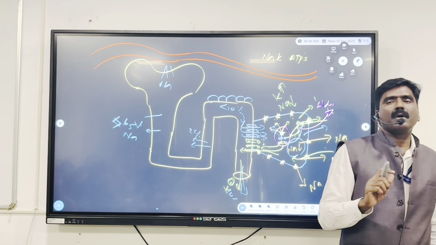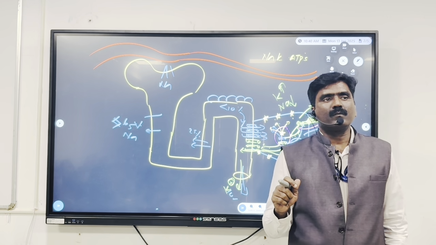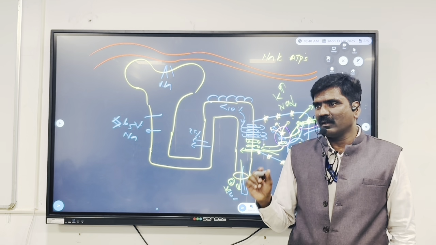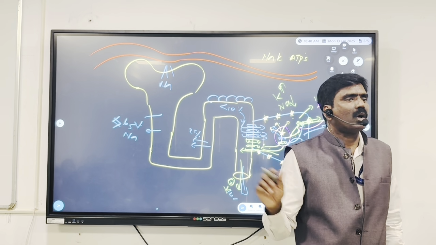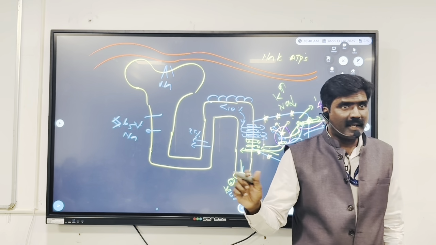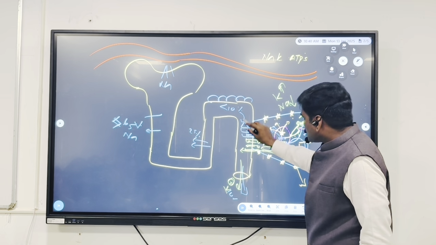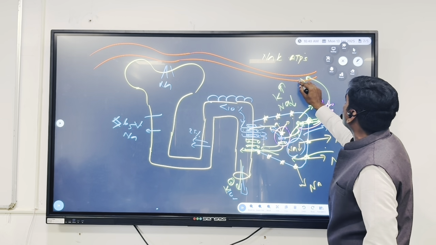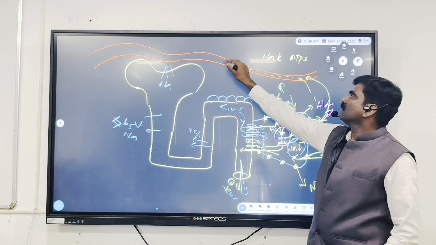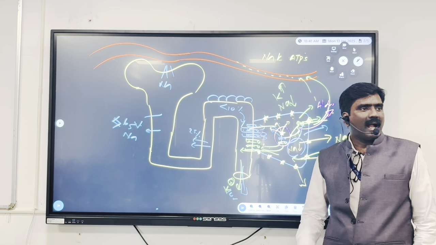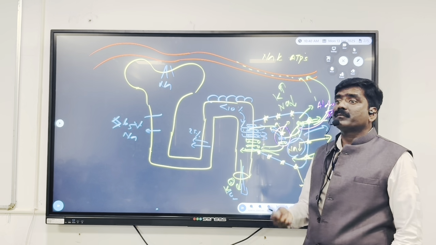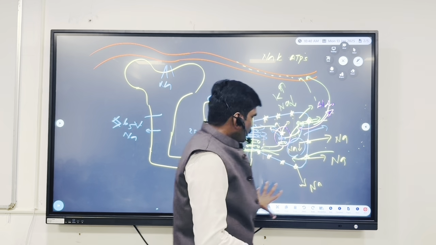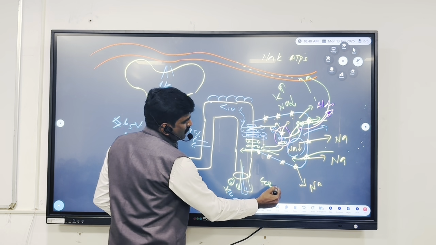And one thing you should remember, along with sodium, water will also move. Already we discussed, wherever the sodium goes, water will follow, right? So sodium and water will enter into the blood circulation. And what happens finally? The blood volume will increase, urine output will reduce.